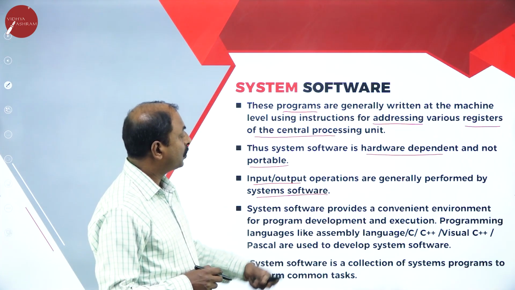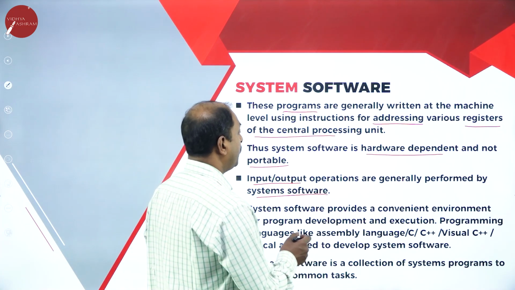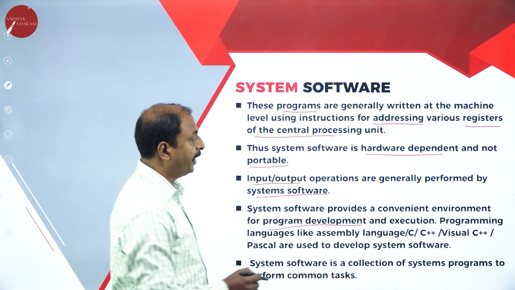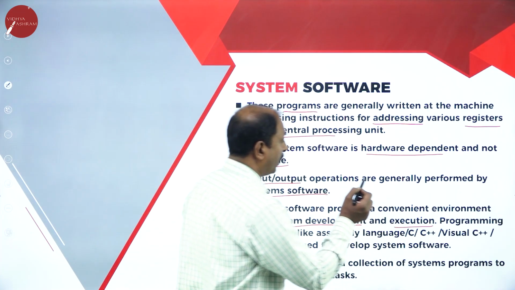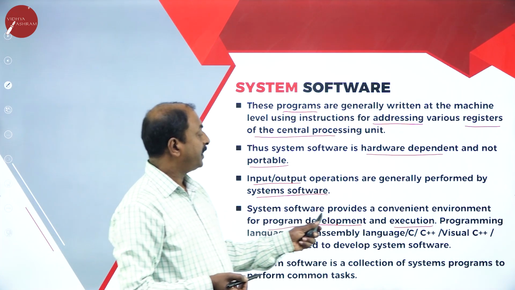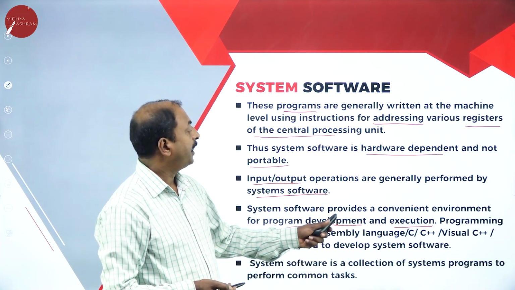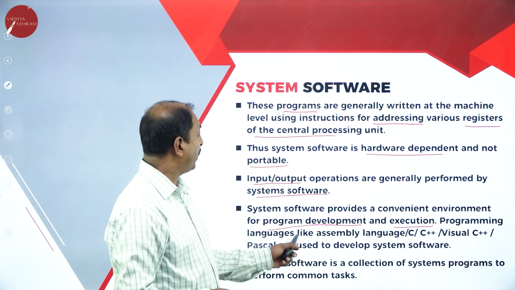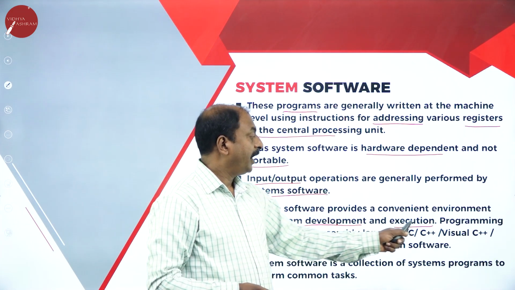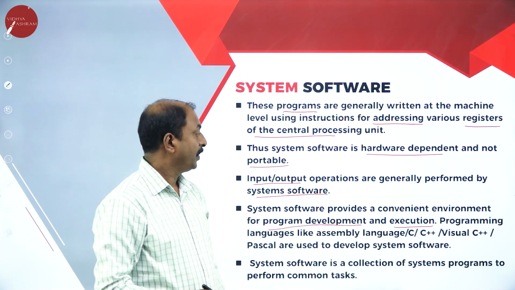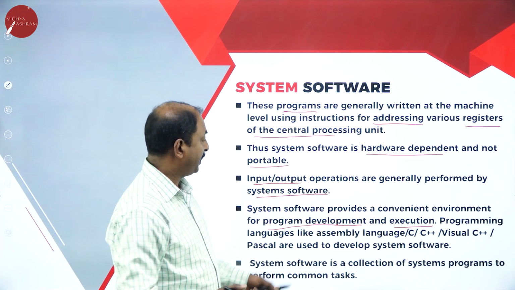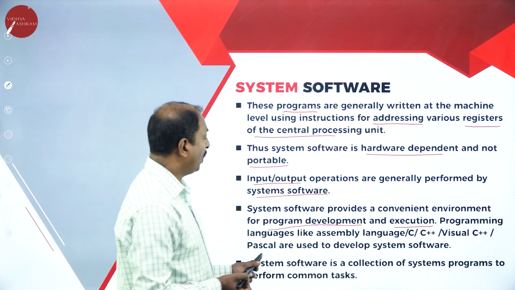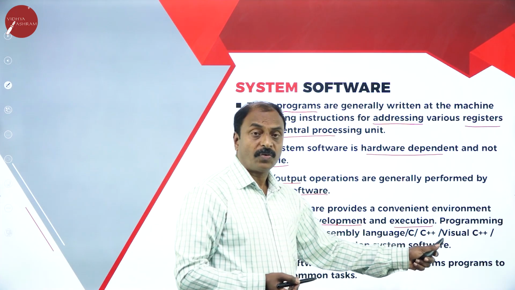Now, system software provides a convenient environment for program development and execution. It provides a platform for program development and program execution. Programming languages like assembly language, C and C++ are used to develop system software.